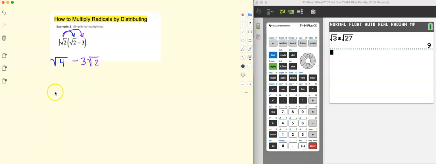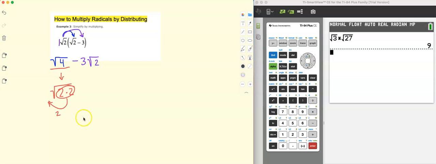Now, can I simplify this any further? Possibly. You know why it's possible? Because it looks like I can simplify a little bit more the square root of 4. So if I simplify the square root of 4, I notice that this would break down into the square root of 2 times 2, which is a pair of 2's. I can pull a 2 out.